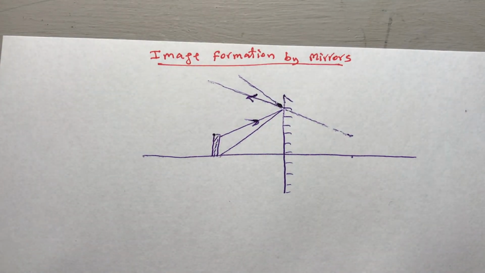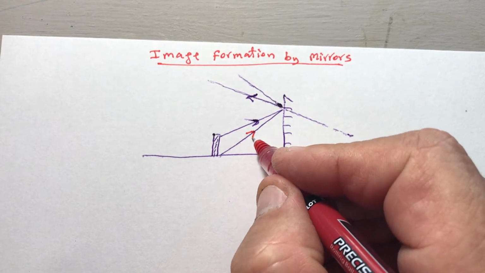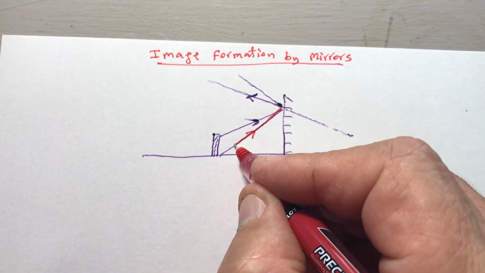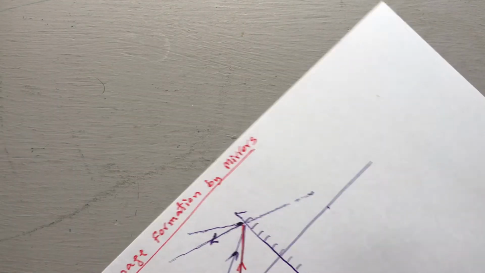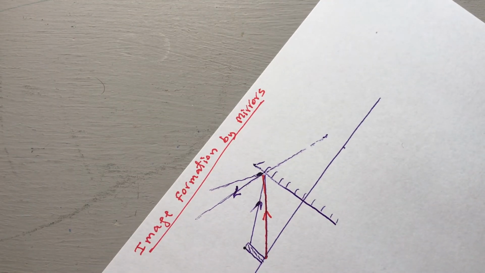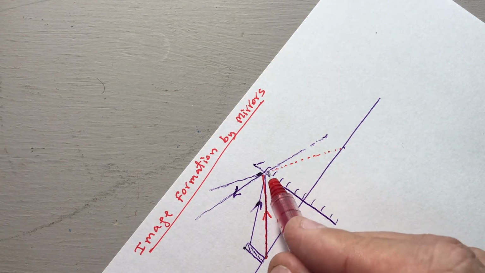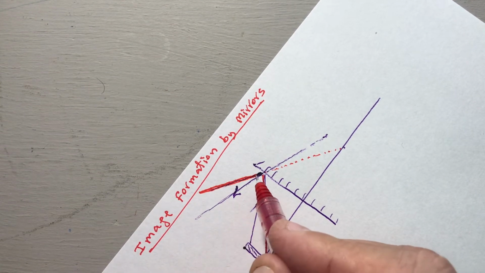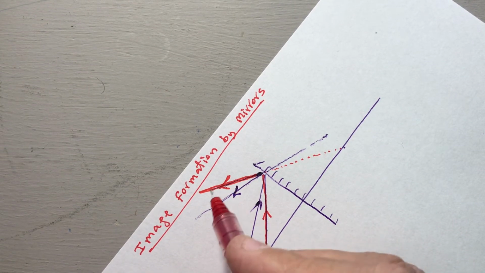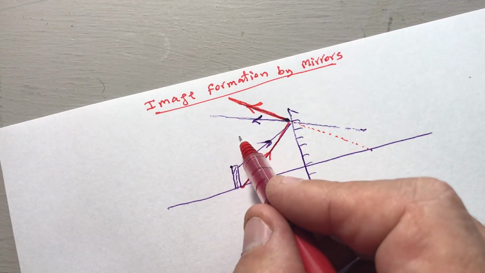Maybe let's make it red. So it's gonna go like that. This is coming from the bottom of the ruler. So I have to do this. It's gonna reflect like that. Okay, so let me choose the angles here.